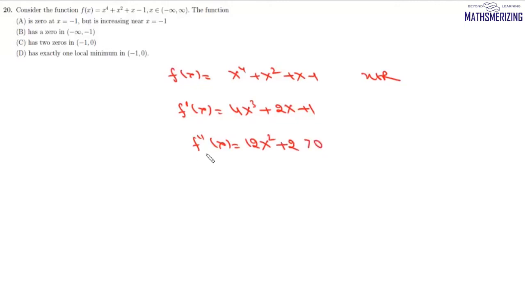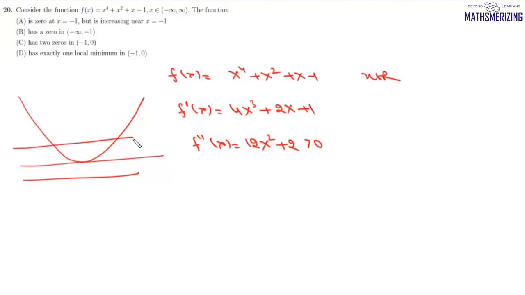That means this function is concave up. So if the function is concave up, then its approximate graph will be like this. Now we need to find whether this graph will lie above the x-axis, or touch the x-axis, or intersect the x-axis at 2 points.